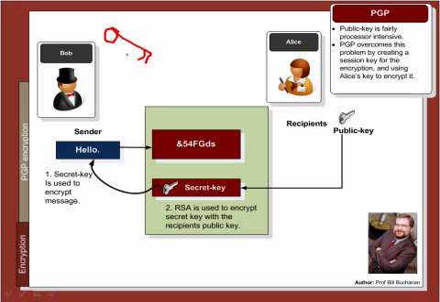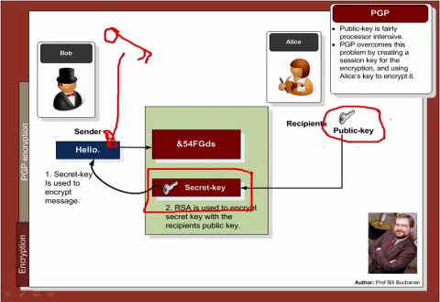Then this key is used to encrypt the content. So Alice has no idea what this key is at this point. Then Alice's public key is used to encrypt the secret key. So we now have two things: the encrypted content, which was encrypted by the secret key, and Alice's public key is then used to encrypt this key.